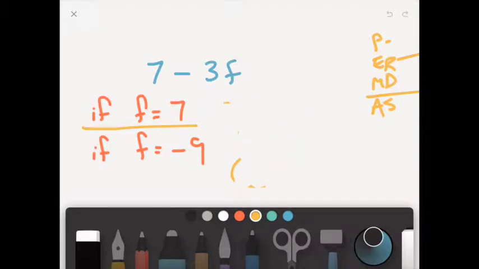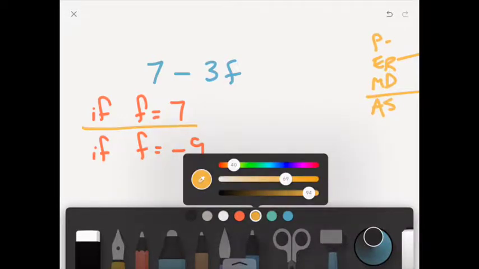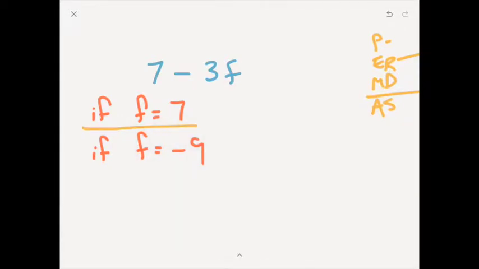Let's go back and do this again now for the second value of f. Same deal, 7 minus 3f, except this time f has a value of negative 9. When I insert a negative, a nice habit to get into is always insert it into parentheses like this.